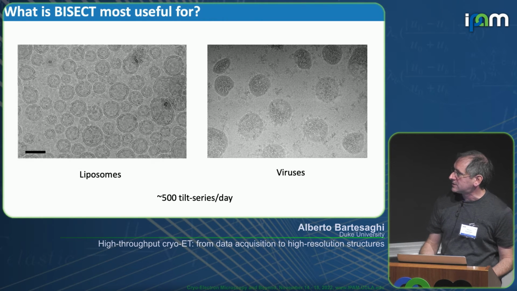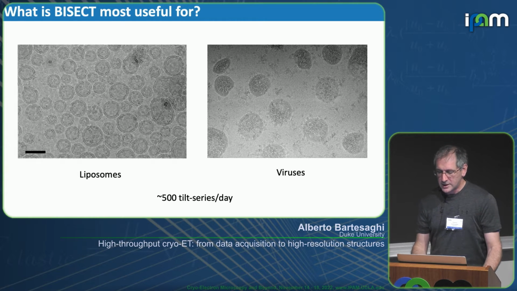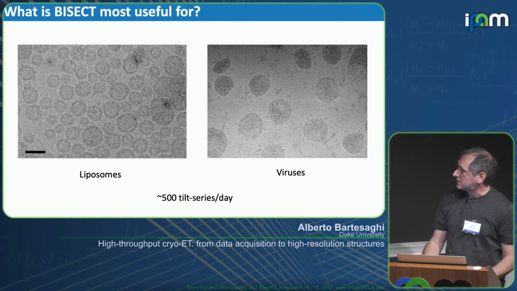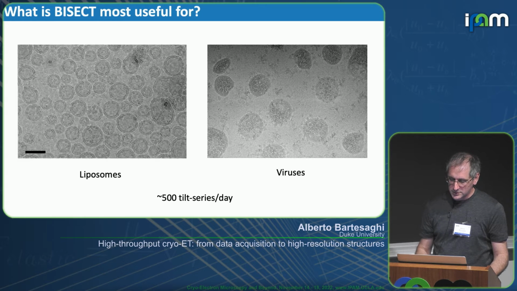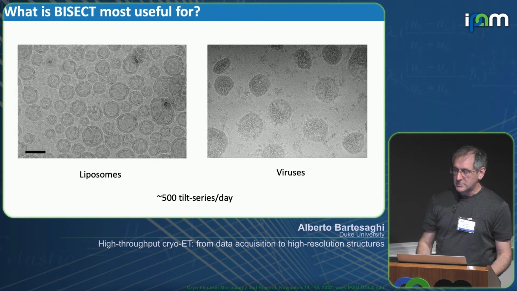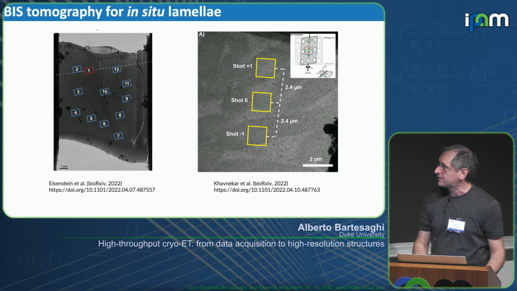You can also apply this to samples where you have viruses. This is SARS-CoV-2. If you wanted to study the spike, you could use this to collect a lot of data also, so that you get into numbers that are maybe not quite what you have in single particle cryo-EM, but a lot better than what we could do before.